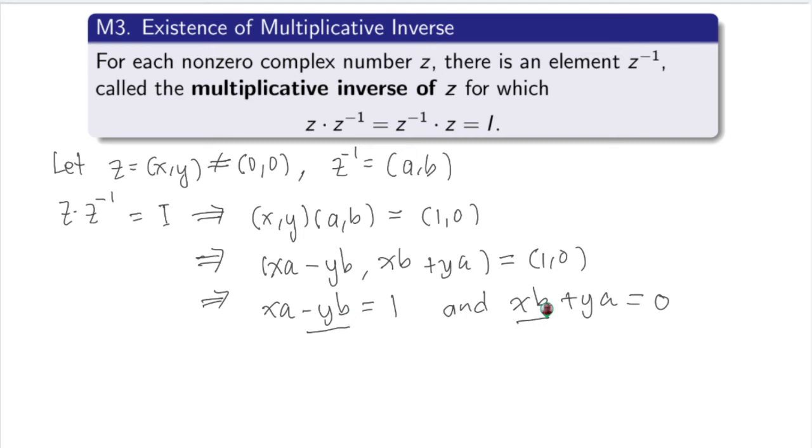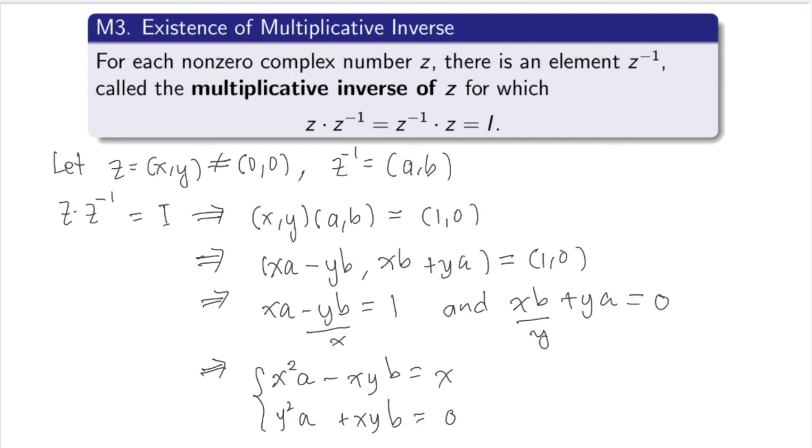So for them to have the same coefficient with opposite signs, we need to multiply this by X and this by Y. So we multiply the first equation by X. We have X squared A minus XYB equals X. On the other hand, if we multiply the second equation by Y, we have plus XYB plus Y squared A equals Y times 0, which is 0.